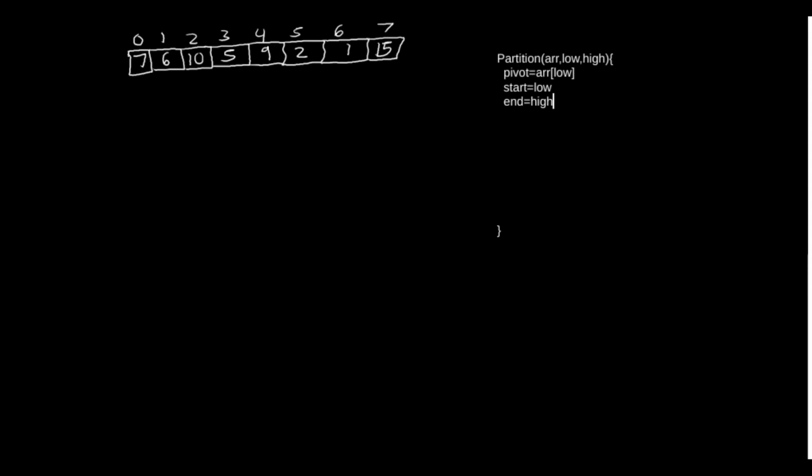So start will be low, end will be high, and we'll keep looping until start is greater than end. This is how we're going to move our pointers. This is similar to the partition drawing we had earlier.